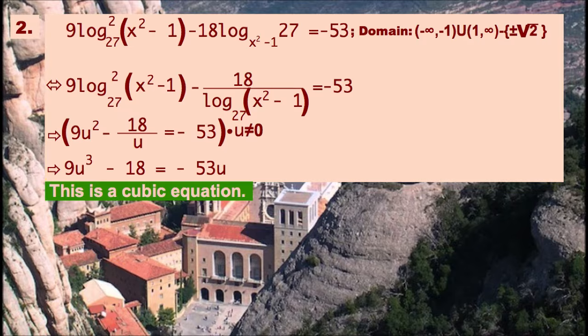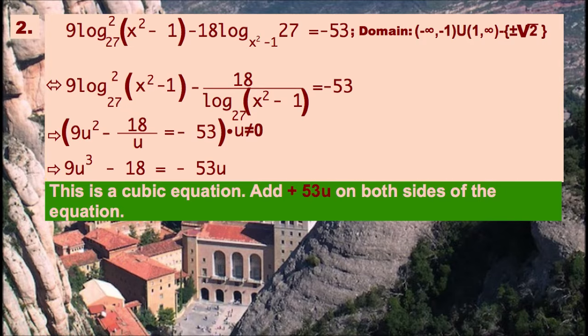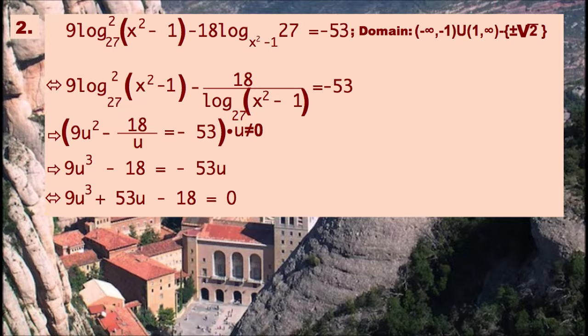This is a cubic equation, and to get it into standard form, let's add positive 53u on both sides of the equation, which is equivalent to 9u cubed plus 53u minus 18 equals 0.